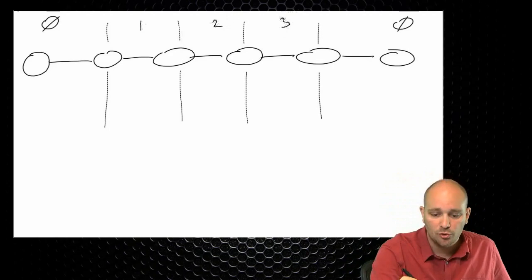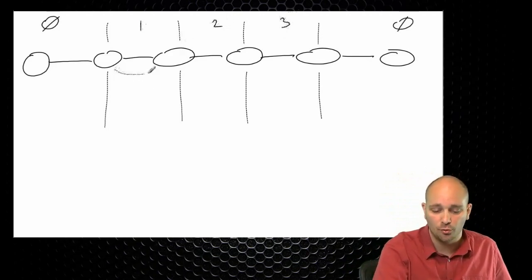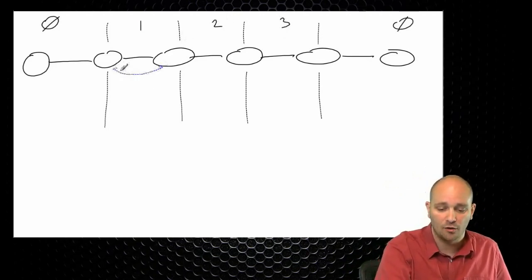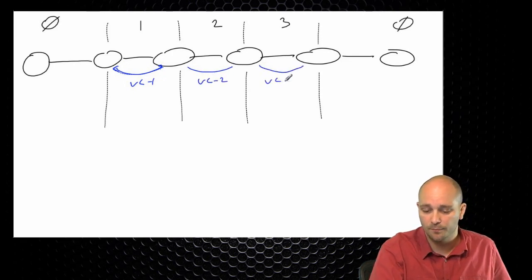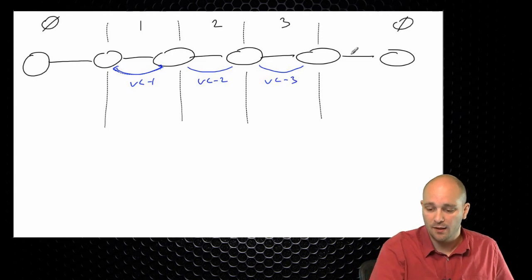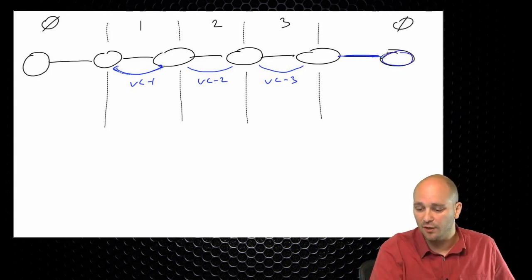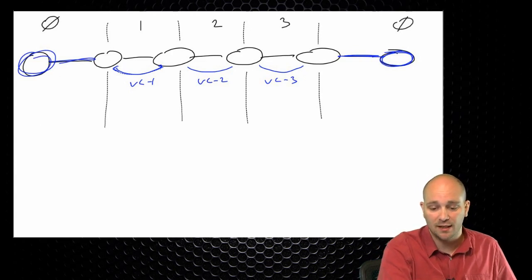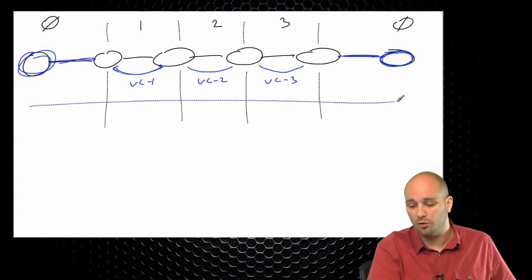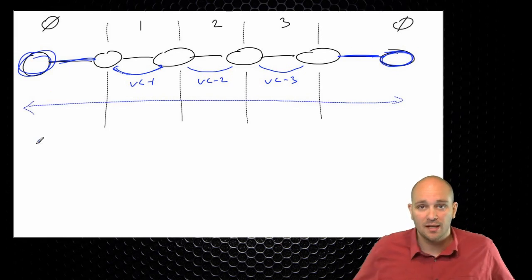Well, if you want to use virtual links, you need to set up a cascade of virtual links. You need a virtual link here, here, and here. And then you would have native connectivity here and here inside area 0. Basically, what you will have is one contiguous area 0.